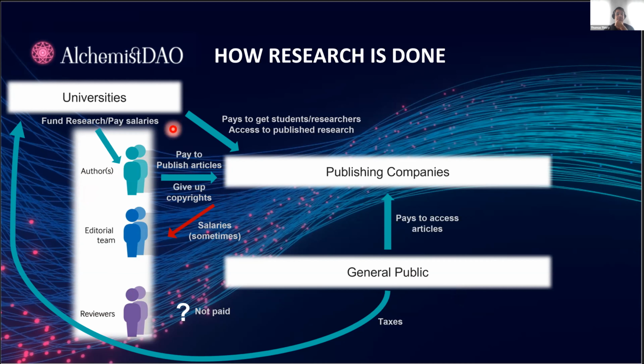Also, universities pay a ton of money to give all of their students access to the published research. So that's more money going into the publishing companies. What's kind of weird is, for example, I wrote articles that are published.